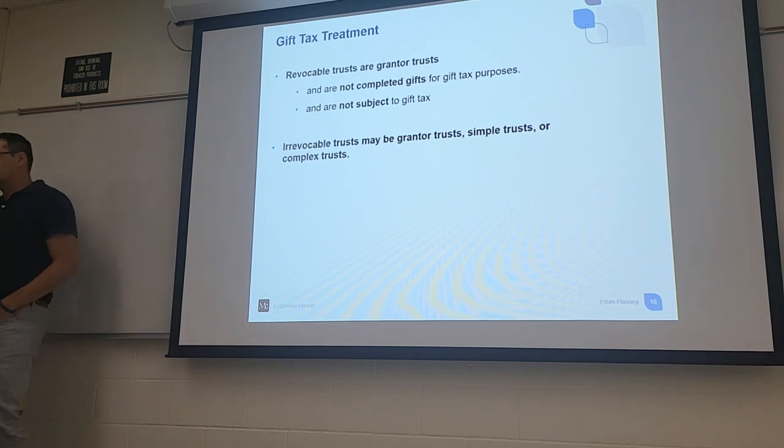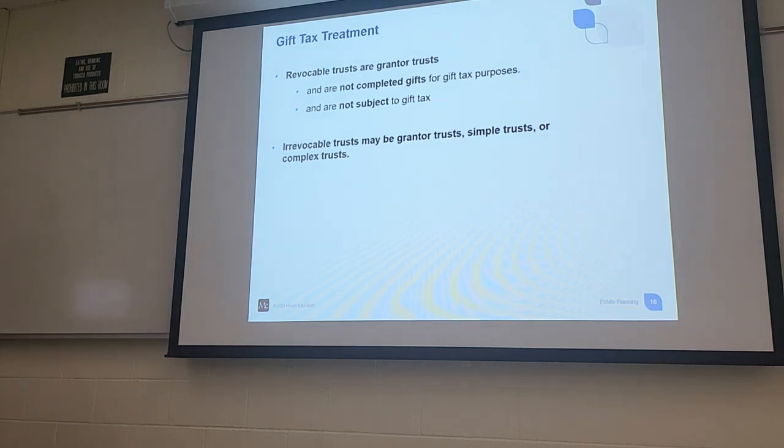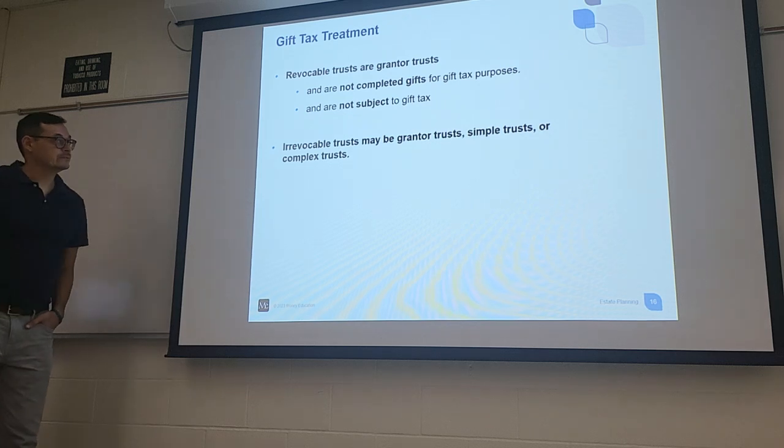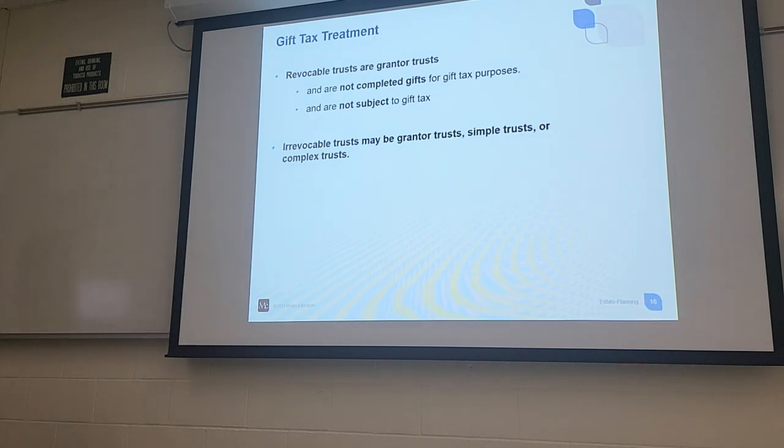They're not subject to gift tax because you have not given up complete control of the property for the benefit of somebody else. That's the definition of a completed gift. If it's not a completed gift, there is no gift tax. But you're still subject to income tax or trust tax.